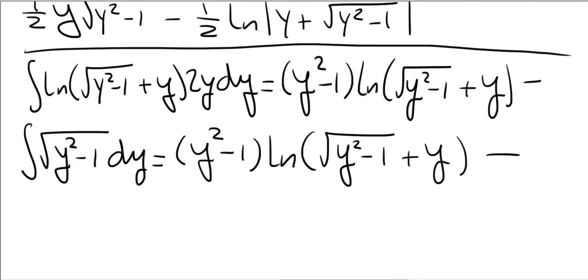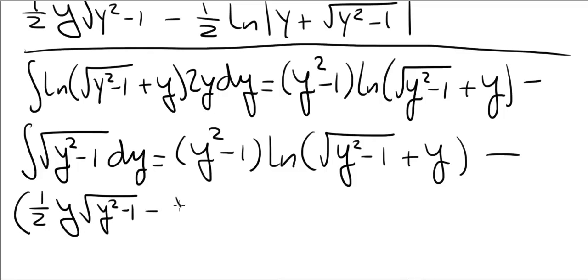this integral in variable y, so let's put this in brackets. It's 1/2 y times square root of y squared minus 1 minus 1/2 natural log of absolute value square root of y squared minus 1 plus y.